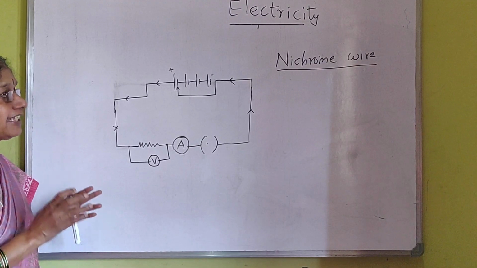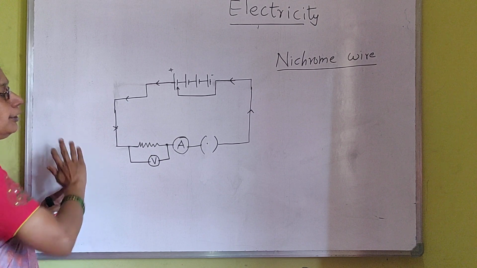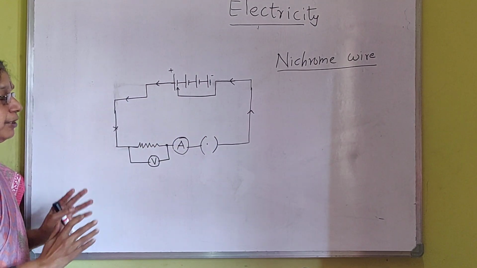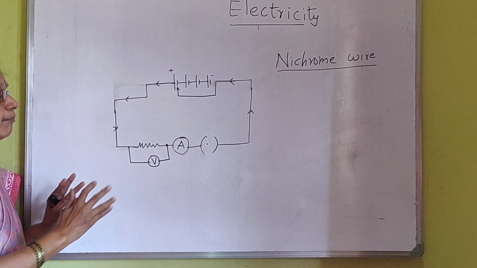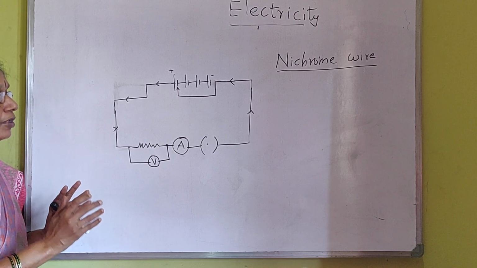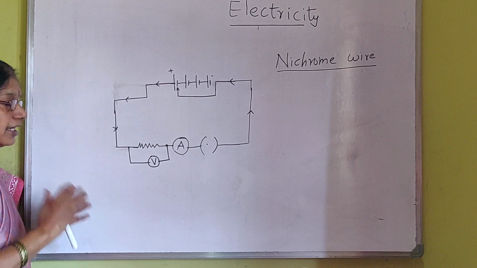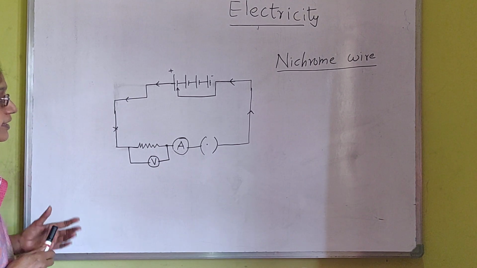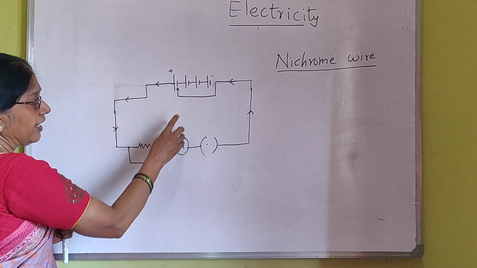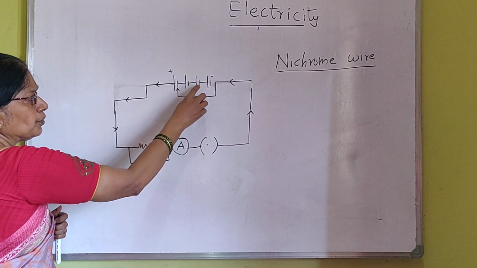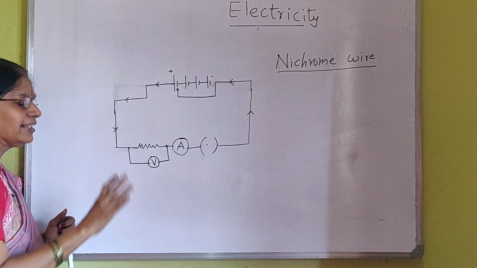To perform an experiment, Ohm's law used these connections. One by one I will explain the electrical components used to know the relationship between electric current and potential difference. He used a battery, where he used 2 volt batteries, 4 batteries of 2 volts.